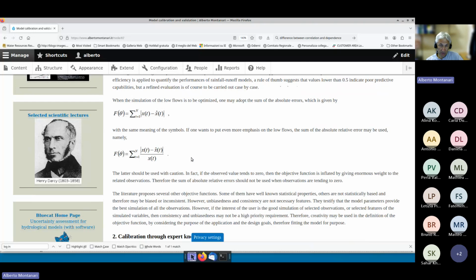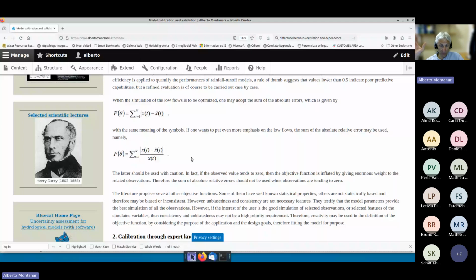If you get a small error and you divide it by a very small observation, you magnify the small error. And therefore, by summing the relative errors, of course, you put emphasis on the low values. What is the problem here? The problem here is that if observations tend to zero, then the absolute relative error tends to infinity.